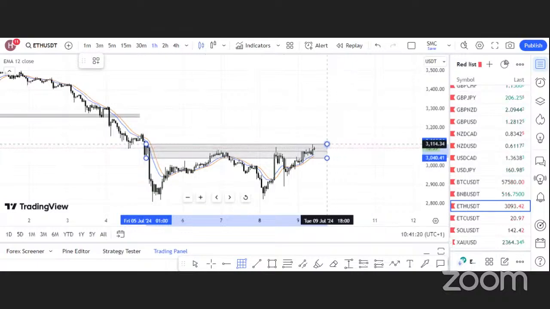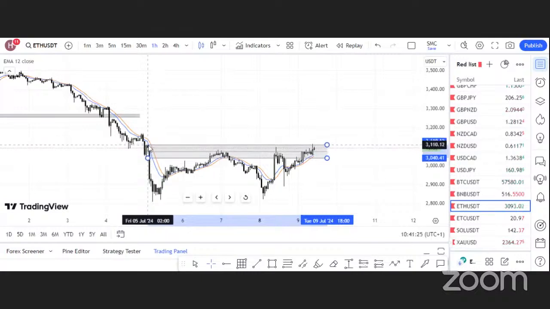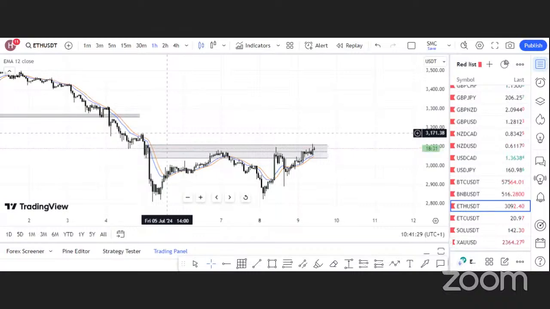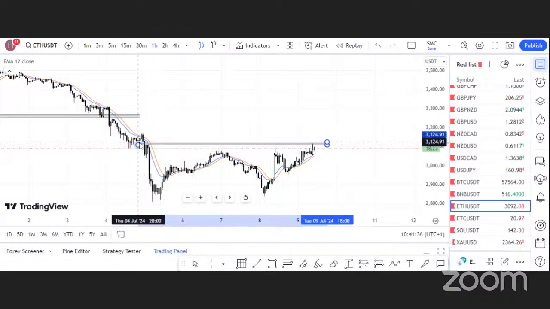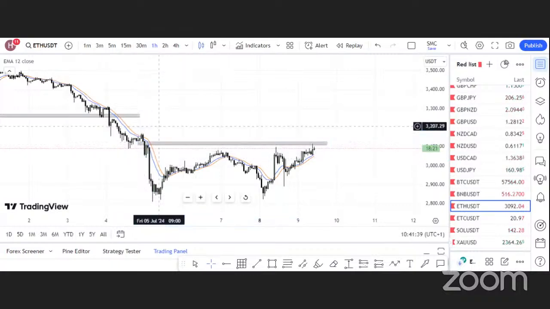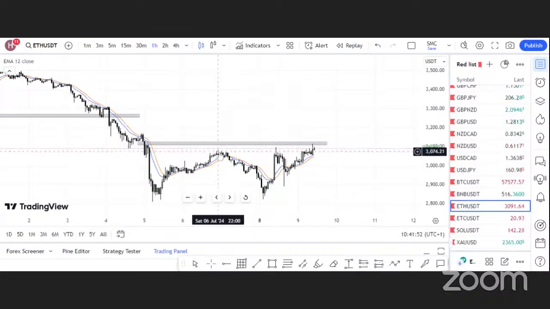When I'm making analysis for Ethereum or BTC, after making my analysis on one, I use the other one as my confirmation. What I mean by confirmation is, just as we have it on BTC USDT, we have the point of interest where the market is currently retesting, and the previous one where the market had previously retested.